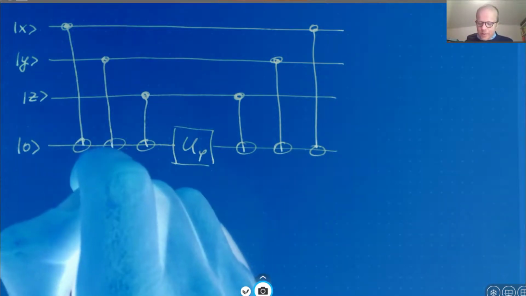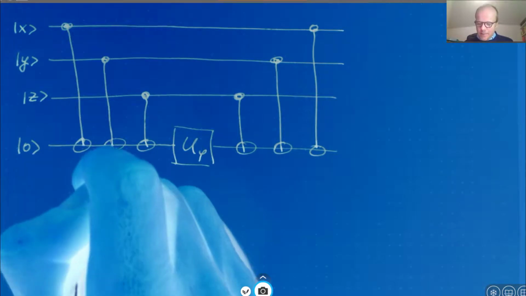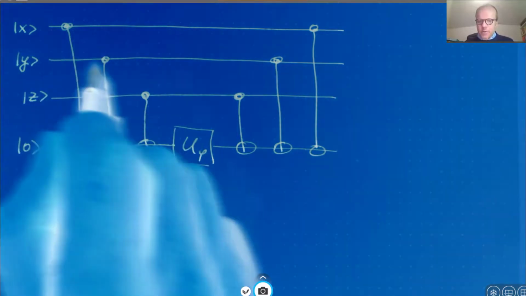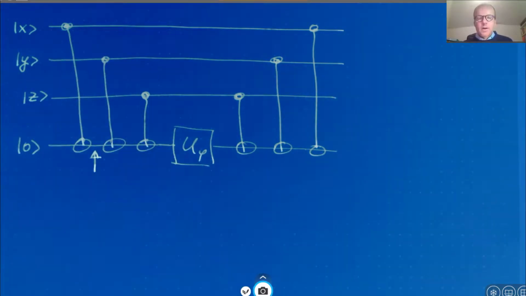If you remember what the C-NOT does, first of all, here the input qubits play the role of control qubits. So if they are in basis states, they don't change at all during that sequence of C-NOTs. What changes is the state of the auxiliary qubit.